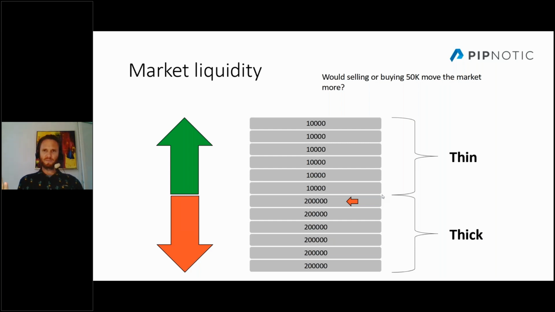And so my order doesn't do anything. But if I come in and look to buy, in order to fill this 50,000 unit order, the first 10 is filled at spot plus 1, the second at spot plus 2, plus 3, plus 4, plus 5. And so in order to get my order filled, I have to accept a worse price.